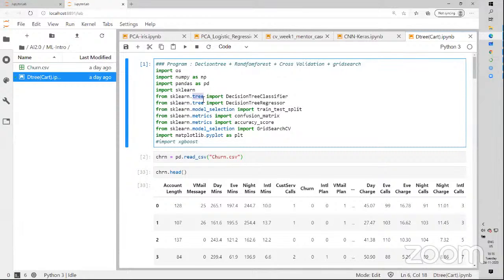In this submodule tree, I have a predefined function called DecisionTreeClassifier. I want to use this DecisionTreeClassifier function to build my decision tree. So it's like hash include stdio.h. That's the same statement that we are making: from sklearn.tree import DecisionTreeClassifier. Of course, there are a whole bunch of other things there, but you can ignore them.